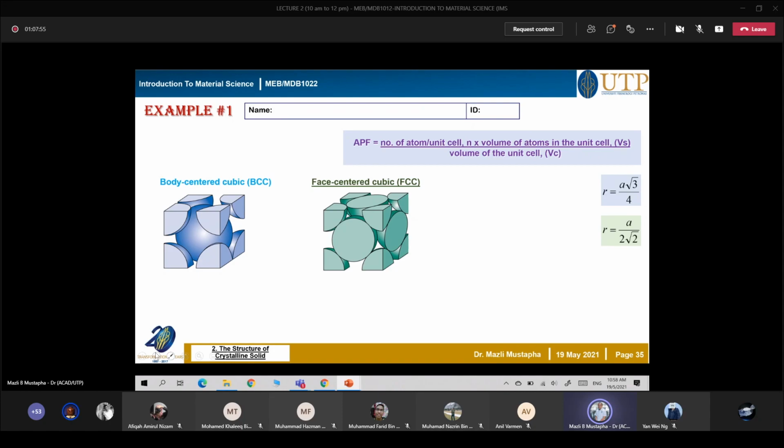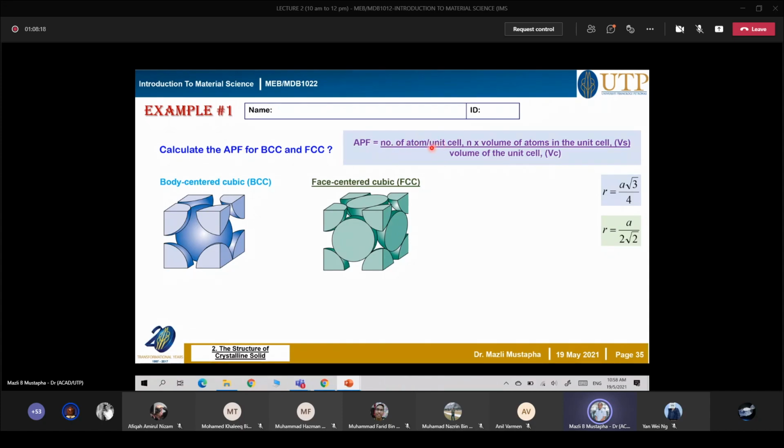Although it's an exercise, I think your quiz or assignment, sometimes your quiz is a very short one, but you need to produce it because of what we have learned in the class. Okay, for body center cubic, we have calculated the number of atoms per unit cell.